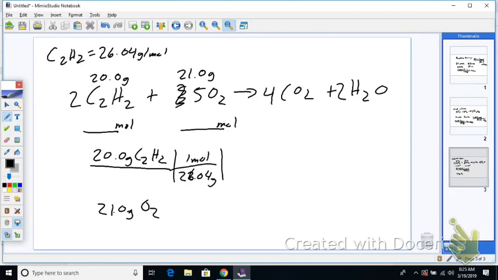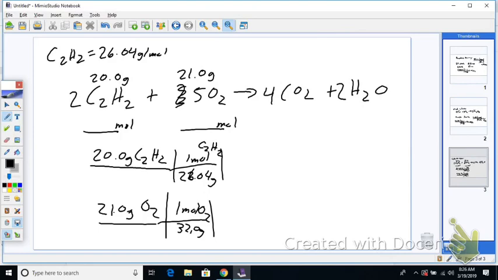I get an answer. And then this one, I divide by 32, and I get an answer. Remember, it's grams to 1 mole. Some of you make little errors when you decide to make this a number that's in the balanced equation. I notice that happening. Some of you would like to put a 2 up above here for the C2H2, and you want to put a 5 in front of the O2. You can't do that. You don't do that until you do a mole ratio.